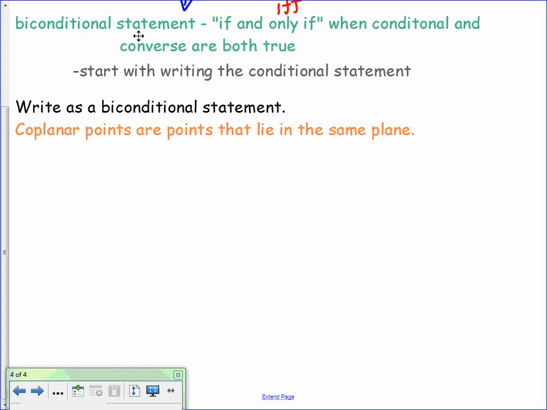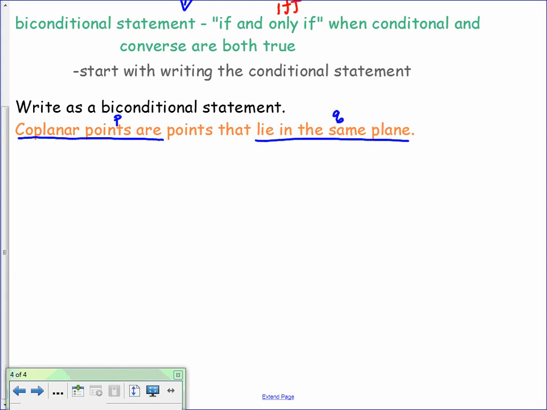So look at this one. Coplanar points are points that lie in the same plane. We're talking about coplanar points. That is our hypothesis. And that they lie in the same plane is your conclusion.